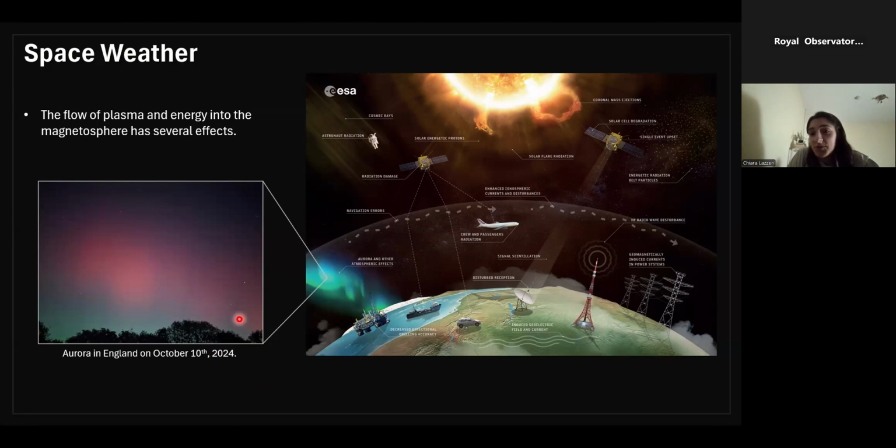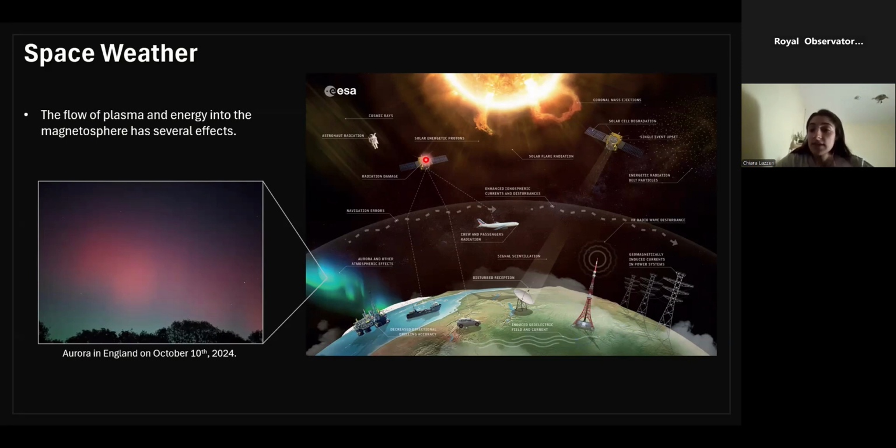But not all space weather phenomena are this pretty or this pleasant. For example, satellites, as I just mentioned, might suddenly find themselves outside the protective shield of the magnetosphere. During strong geomagnetic activity, we might also have more precipitation of these charged energetic particles, which can damage the components in satellites.